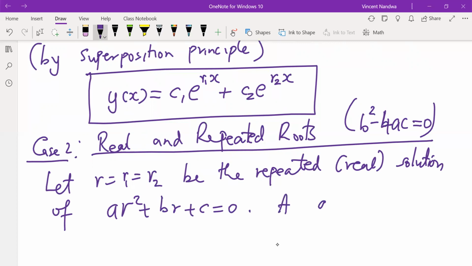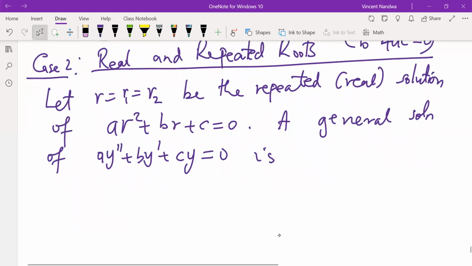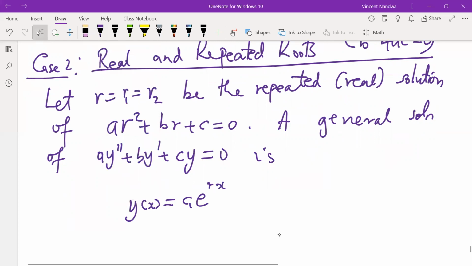Then a general solution of this equation is of the form y of x equals c1 e raised power rx plus c2 x e raised power rx. So you multiply this second one by x.